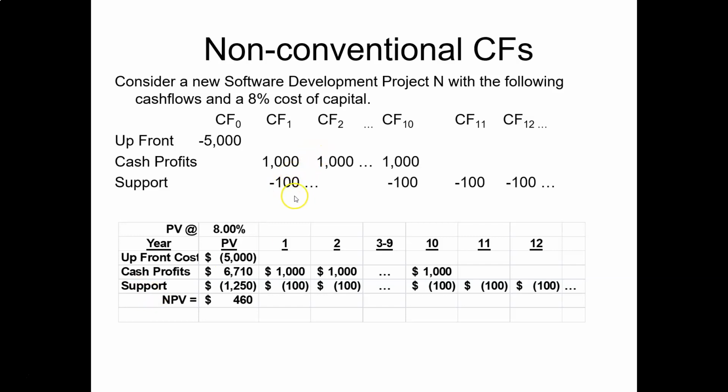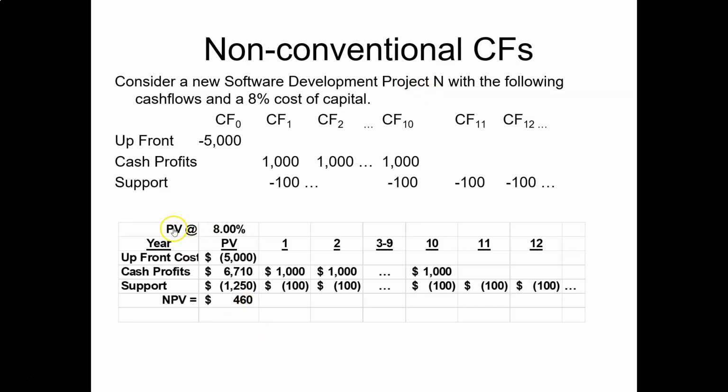It has $100 as a payment, and this payment will continue forever. Then you combine the present value of these 3 streams of cash flows. The net present value for this software project will be $460.